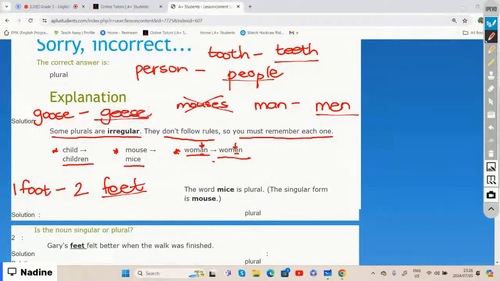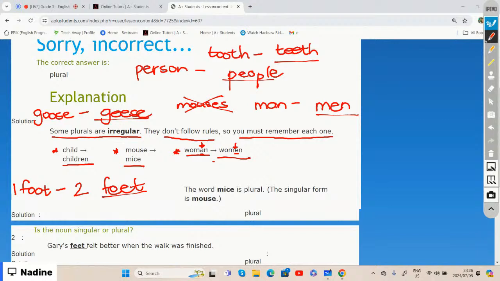So these are our irregular plurals. Do you see how the words have changed? If it was regular nouns, we would say girl, girls, boy, boys, right? That is regular nouns. But with irregular nouns, the wording changes, because now it means that we don't follow rules.